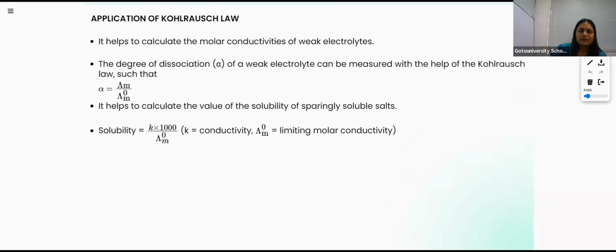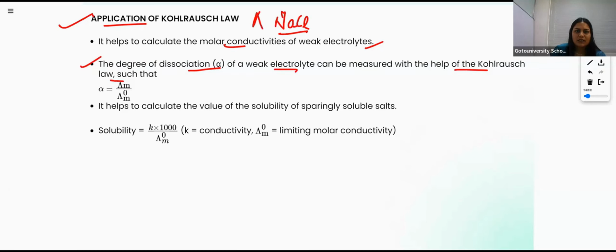Now, where do we apply Kohlrausch's law? Why do we use Kohlrausch's law? What are its applications? First, it helps us to calculate, as we discussed, the molar conductance of weak electrolytes, okay, by combining the molar conductivity of cations and anions separately, right? And the degree of dissociation of a weak electrolyte can also be measured with Kohlrausch's law. If I write here an example that we just discussed for NaCl, the molar conductivity was represented. Now this compound dissociates into what?